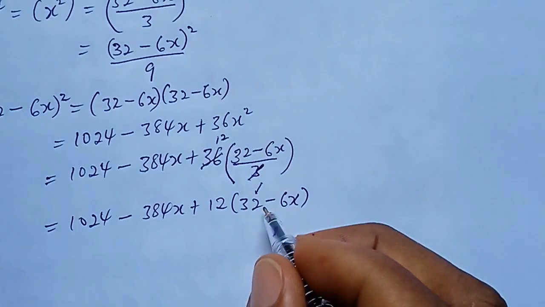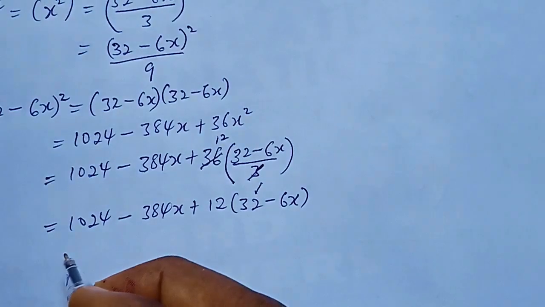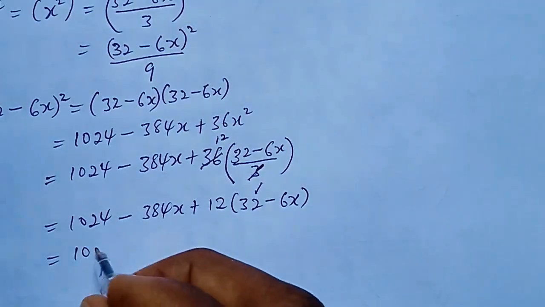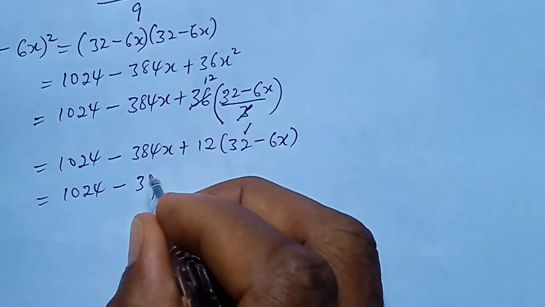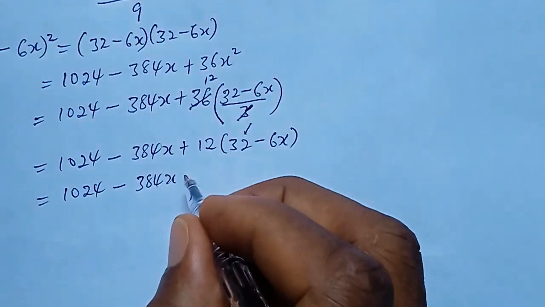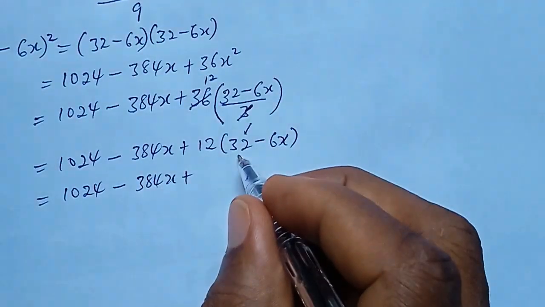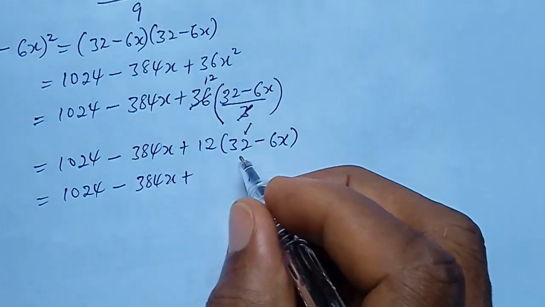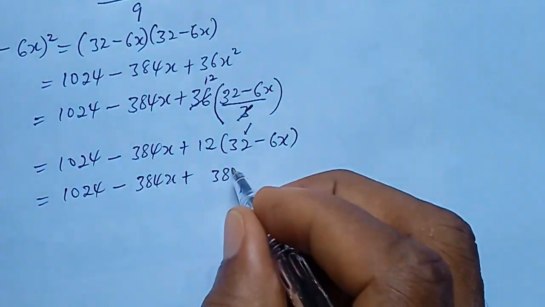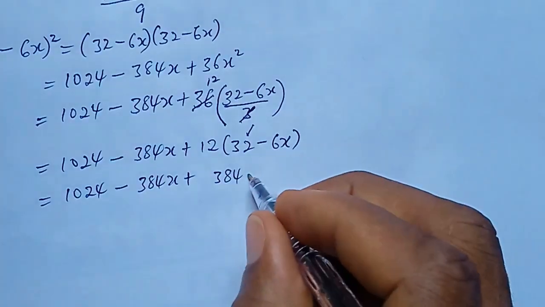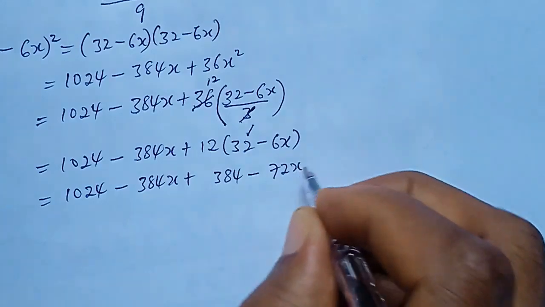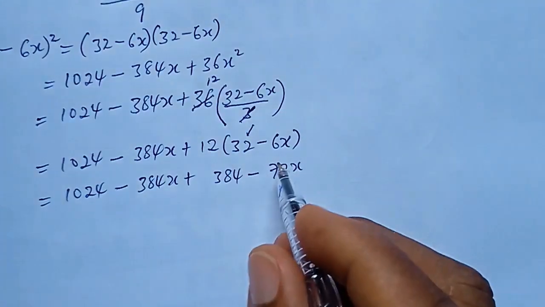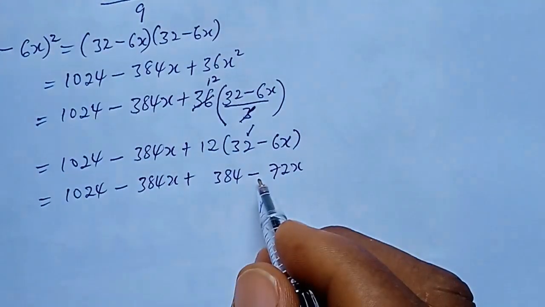We now multiply this: 12 multiplied by 32, we have 384, and 12 multiplied by 6x, we have 72x. So this expression becomes this.